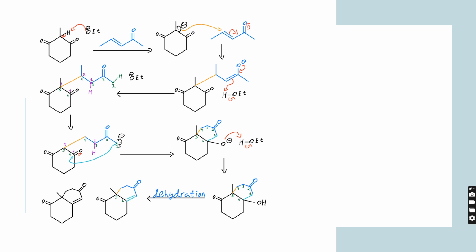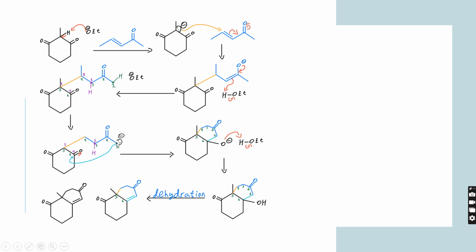And this abstraction will lead to the second attack at this carbonyl. Like I said, you can attack either of these two carbonyls with this carbanion, or enolate you can say, because this is a symmetric part. Both these two carbonyls are equivalent.